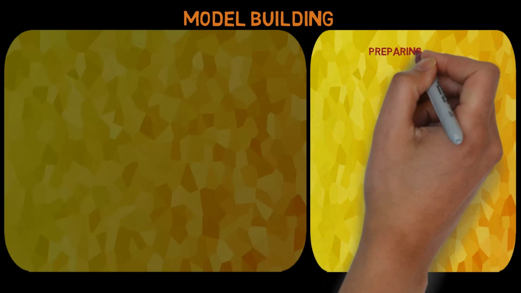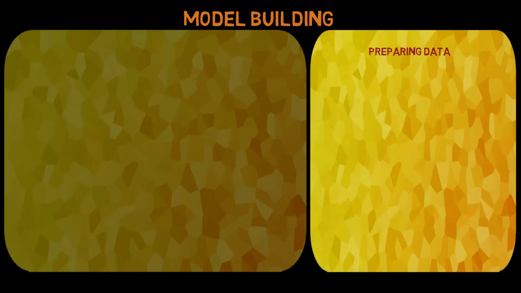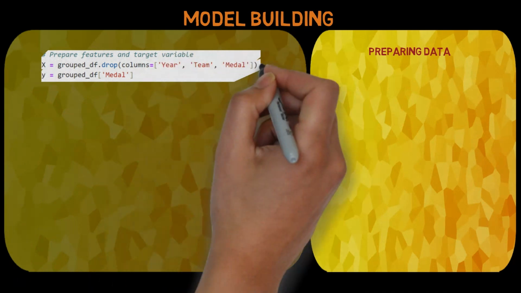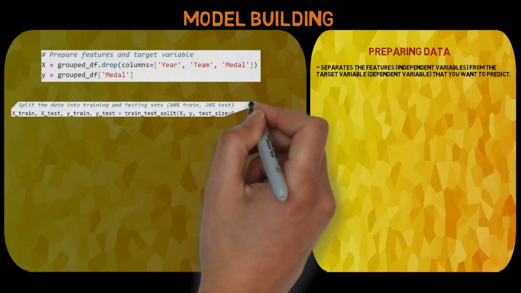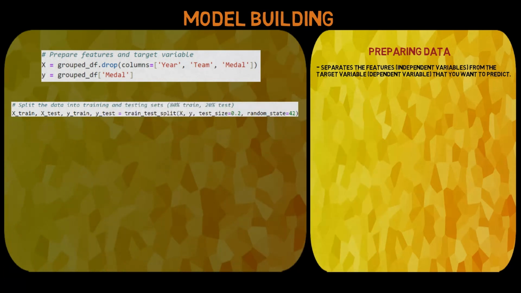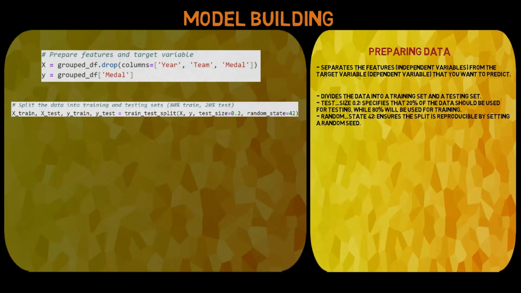Model building. We separate the features from the target variable to prepare for training. Next, we split the data into training and testing sets with 80% for training and 20% for testing.